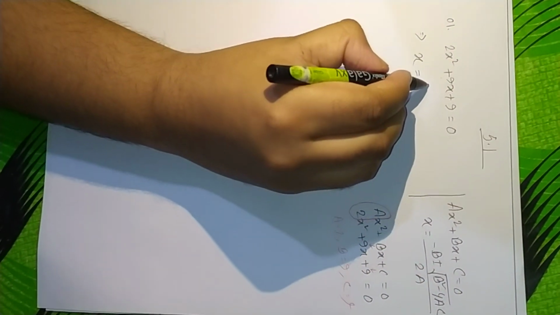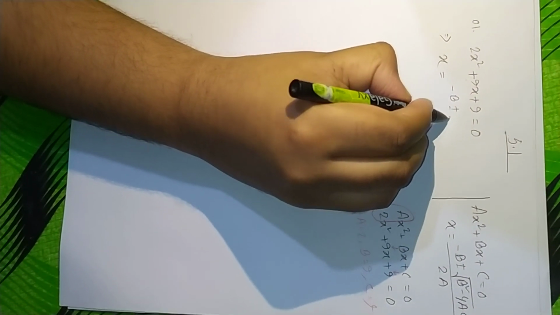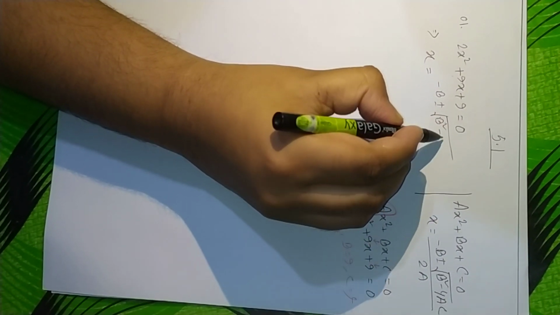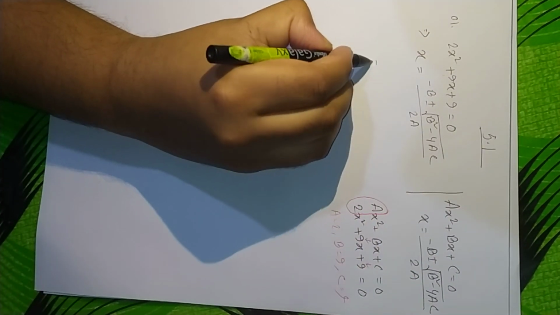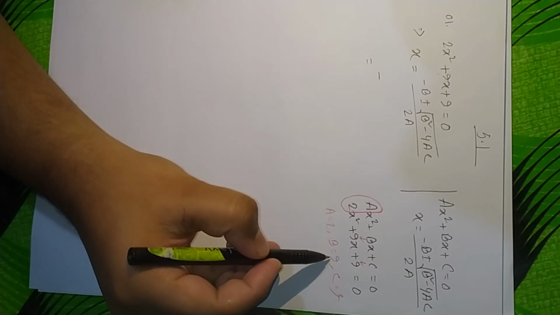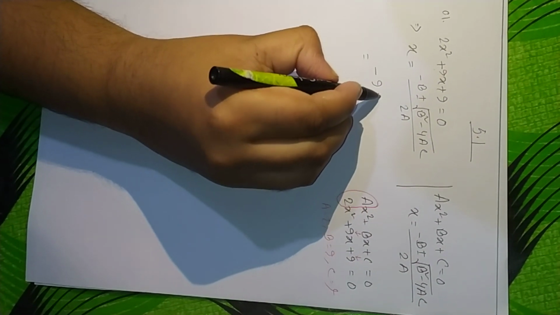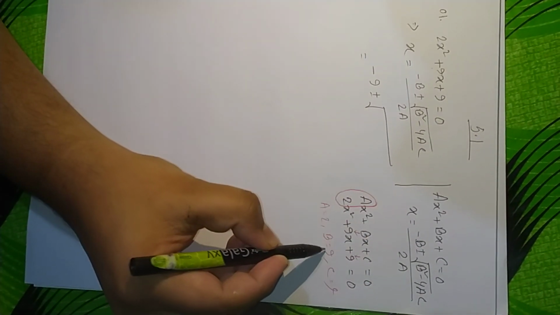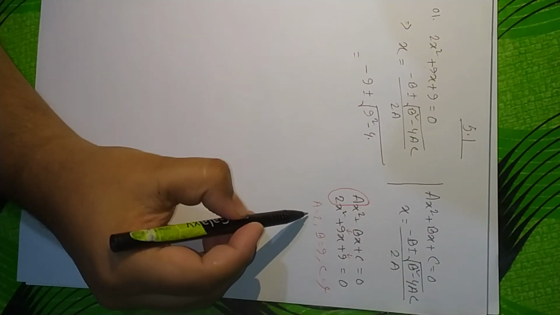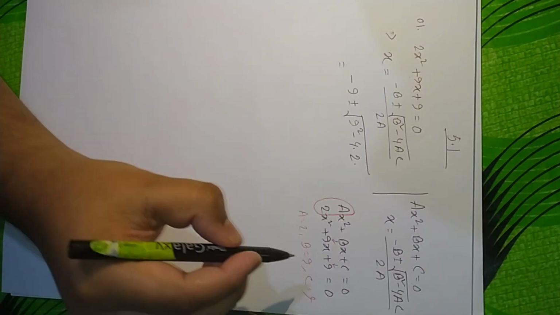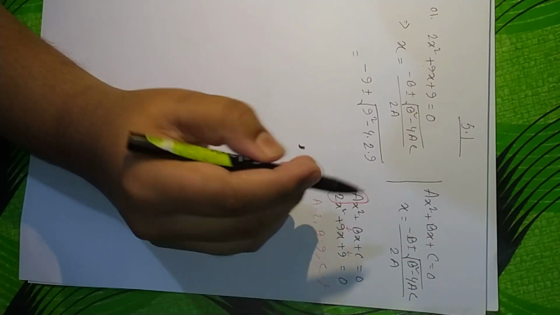Then x equals minus b plus minus root over b square minus 4ac whole divided by 2a. Then minus b equals minus 9 plus minus root over b square, that is 9 square, minus 4 into a, what is a? Yes, 2, into c, equal also 9.